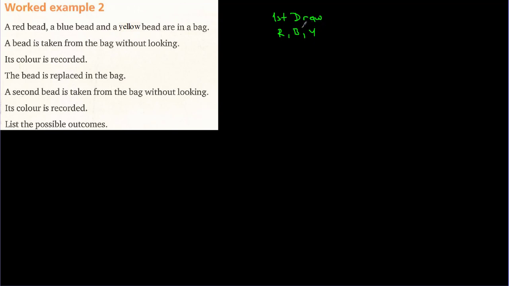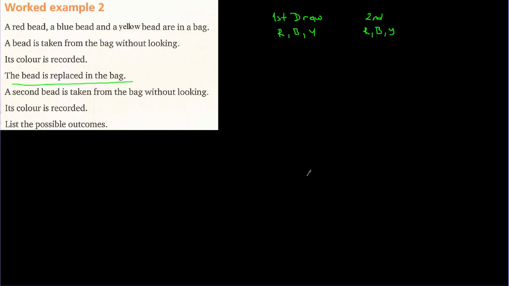For the second one, there is important information here. Its color is recorded, then the bit is replaced in the bag. So they put it back again, which means that there are still 3 bits in the bag. So again, it's going to be red, blue, and yellow.